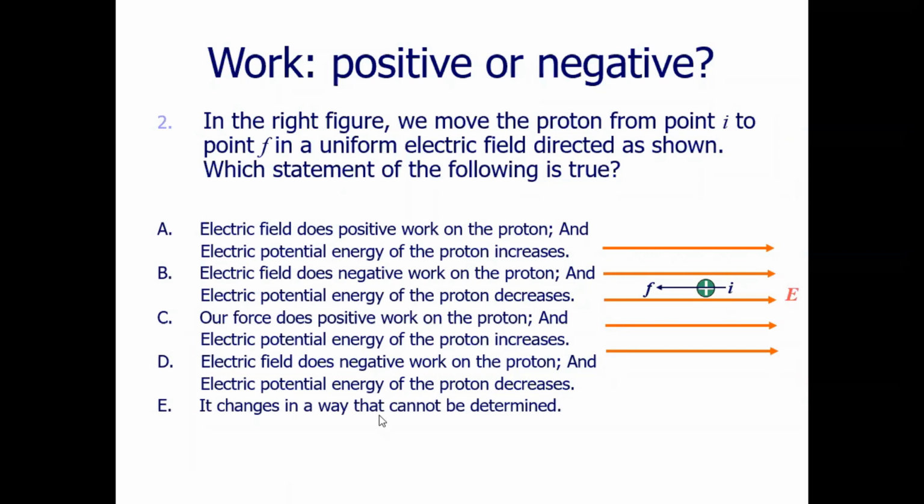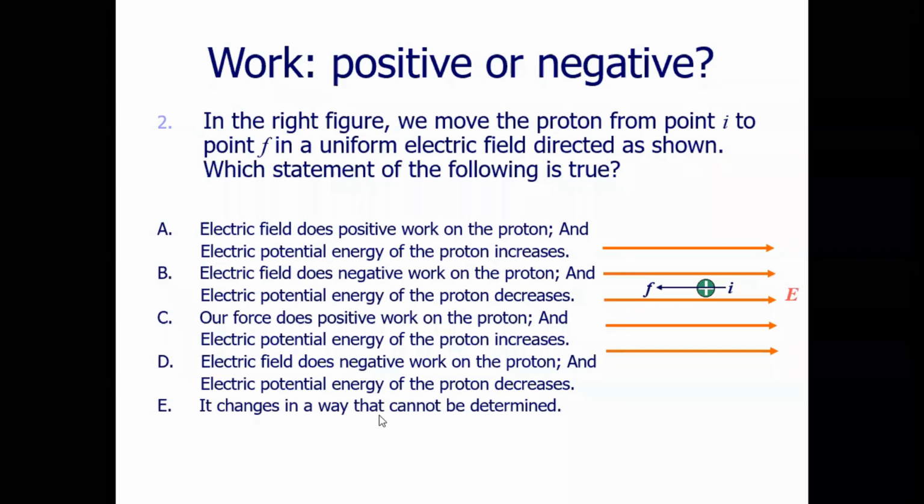What do others think? As others are thinking, Madam Elizabeth, why have you opted for B? The electric field does negative work on the proton because the displacement of the proton is from I to F, but it's moving in the opposite direction, meaning the angle there is 180.